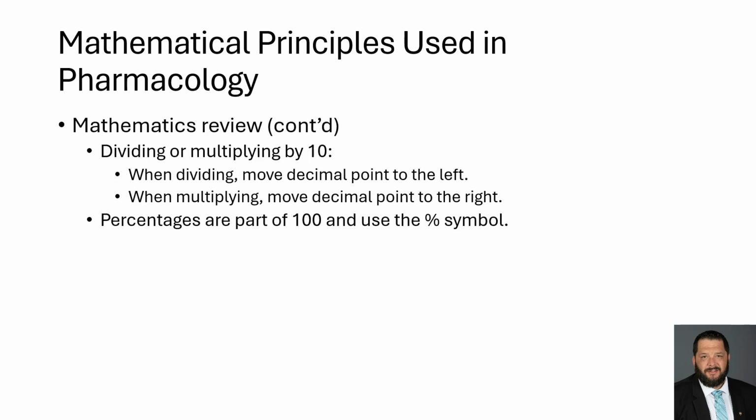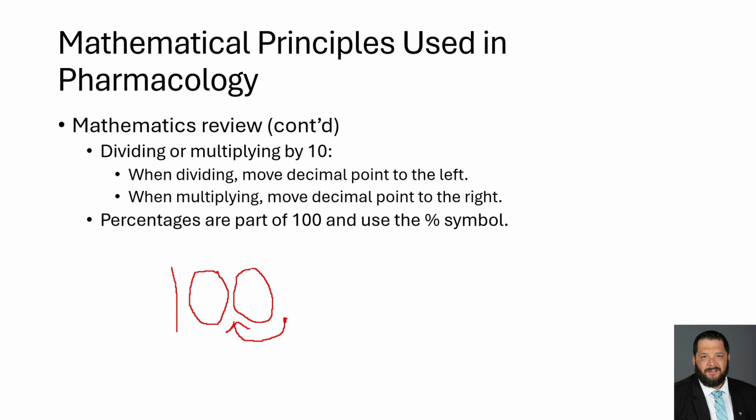Dividing or multiplying by 10: when you divide, you're going to move the decimal place to the left. And I'll explain this with a drawing on the screen. If we start with the number 100 and we divide 100 by 10, we're going to move the decimal place 1 to the left. And so 100 divided by 10 would be 10.